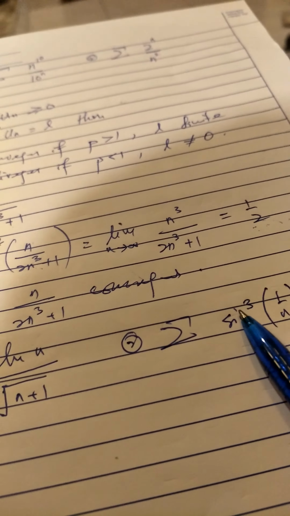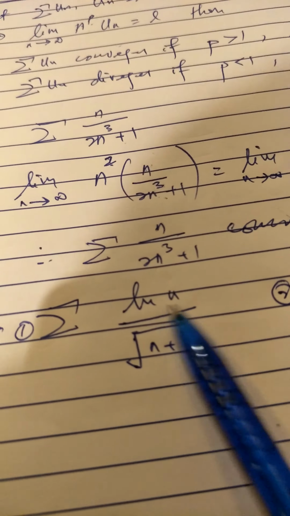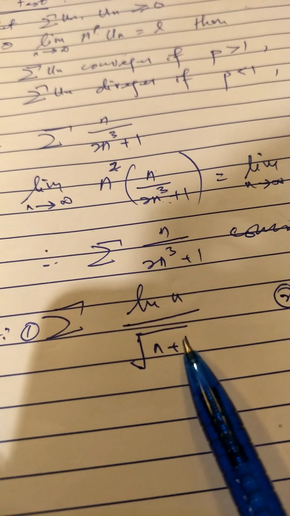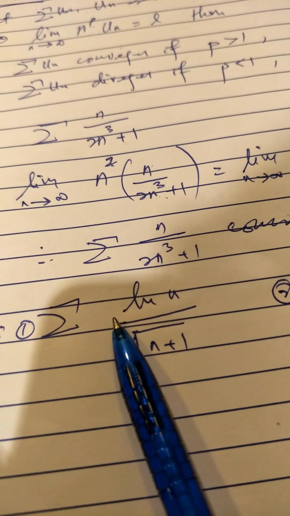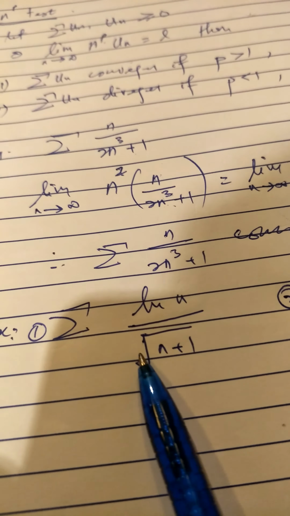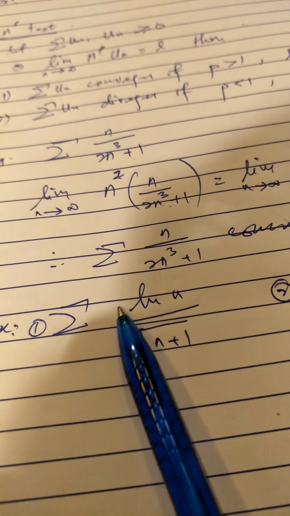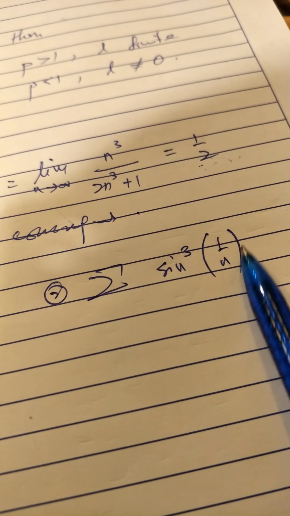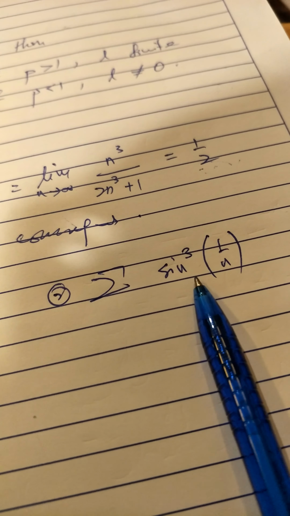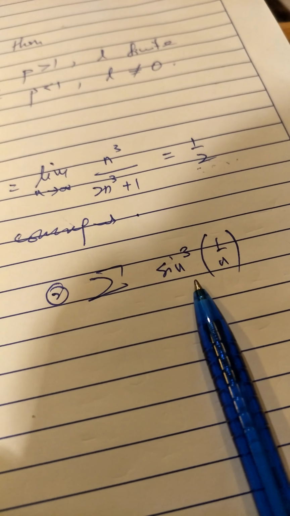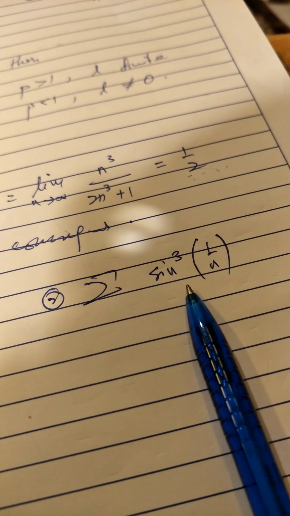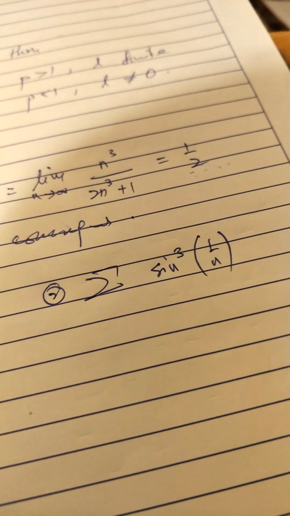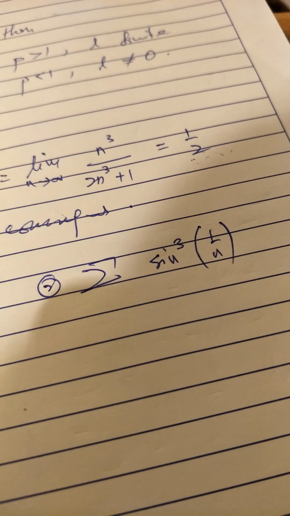I think for the first case you can choose p equal to half, and for the second case you can choose p equal to 3. Then I think you can do that.